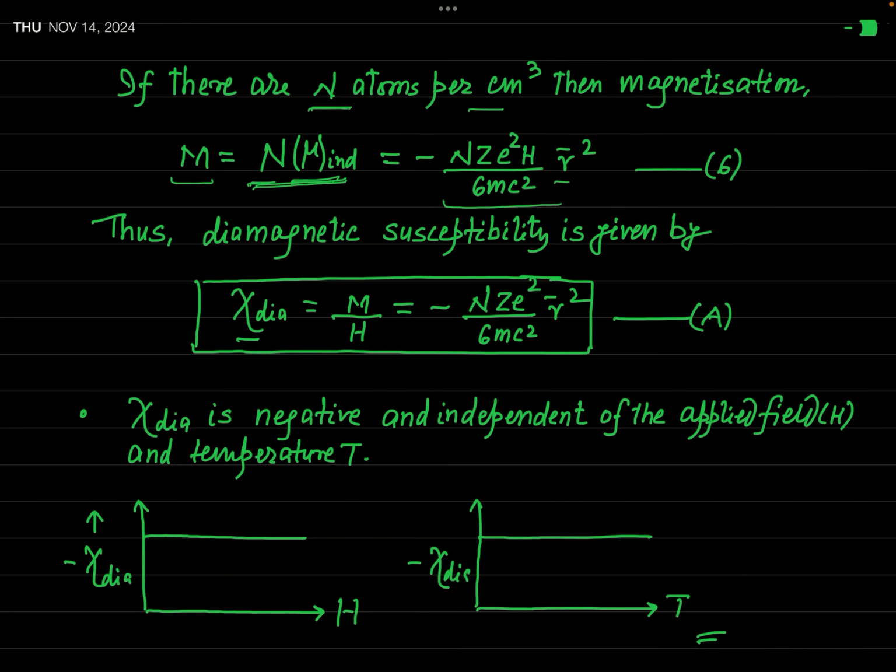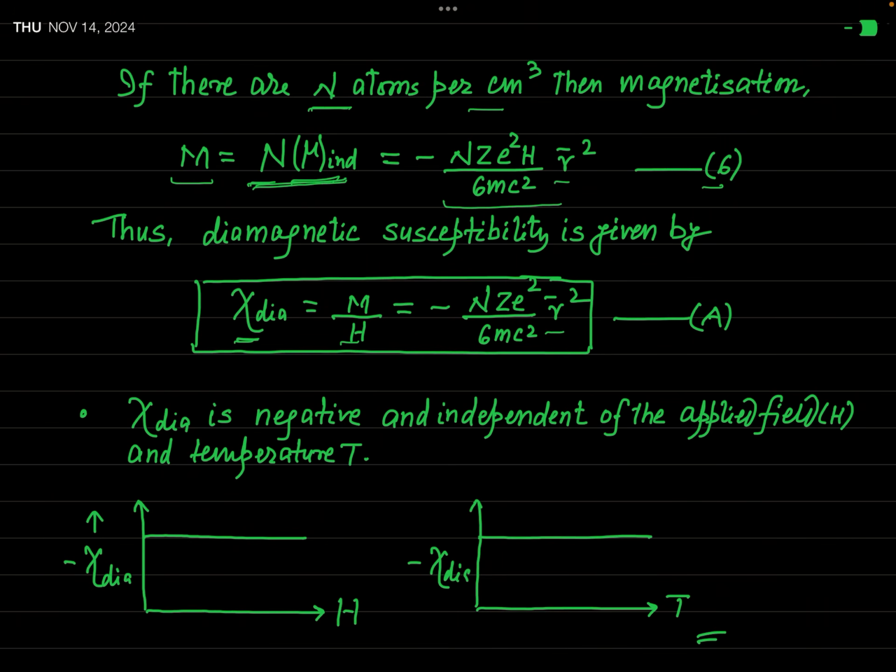So this chi di, chi represents the magnetic susceptibility, and this is for diamagnetic material, and this will be equal to M over H. So when you divide equation 6 by H, the H present here will cancel out, and the expression for chi is minus nZe square over 6 mc square times this r square bar. So this is our final result for the magnetic susceptibility of a diamagnetic material.